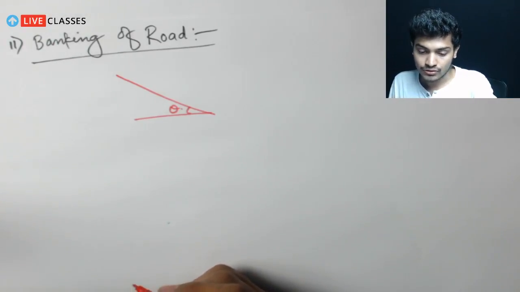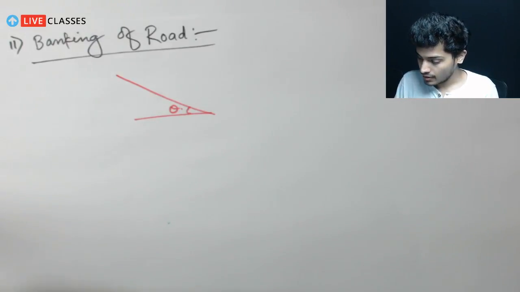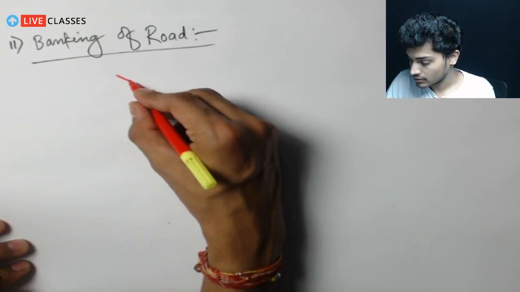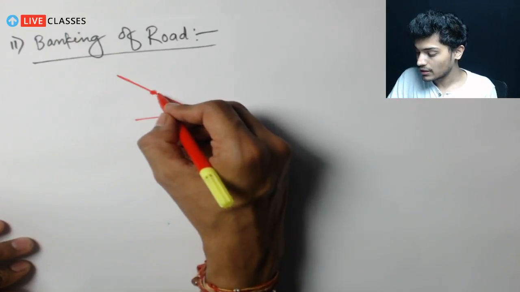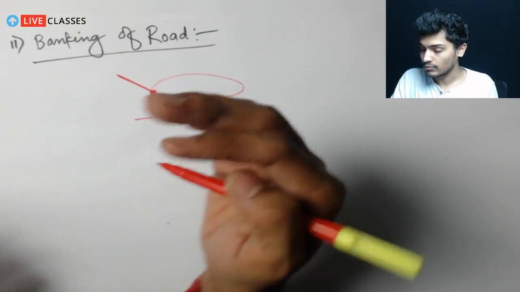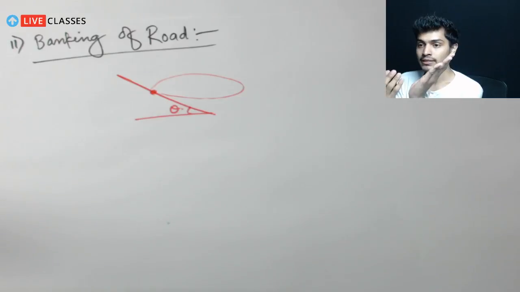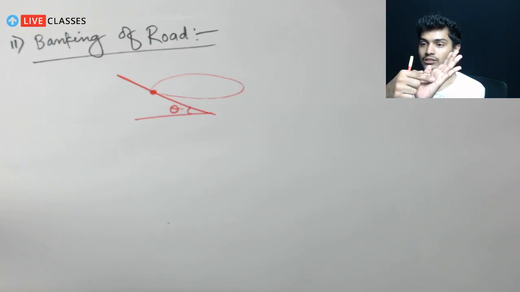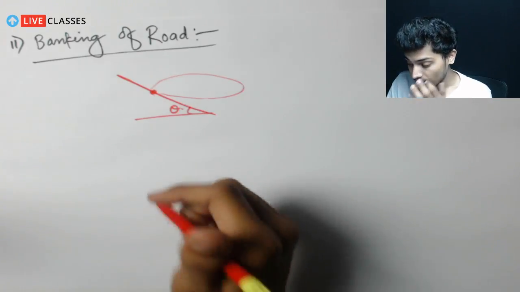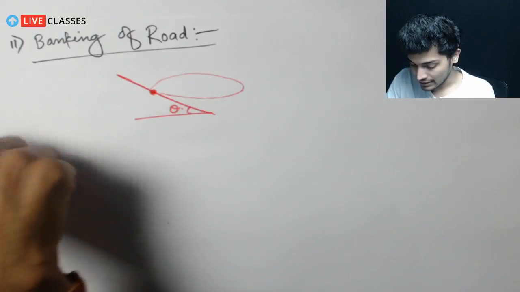So our body is moving like this. This is our inclined road and the body is moving along this as a circle. So let's draw the FBD at this point.